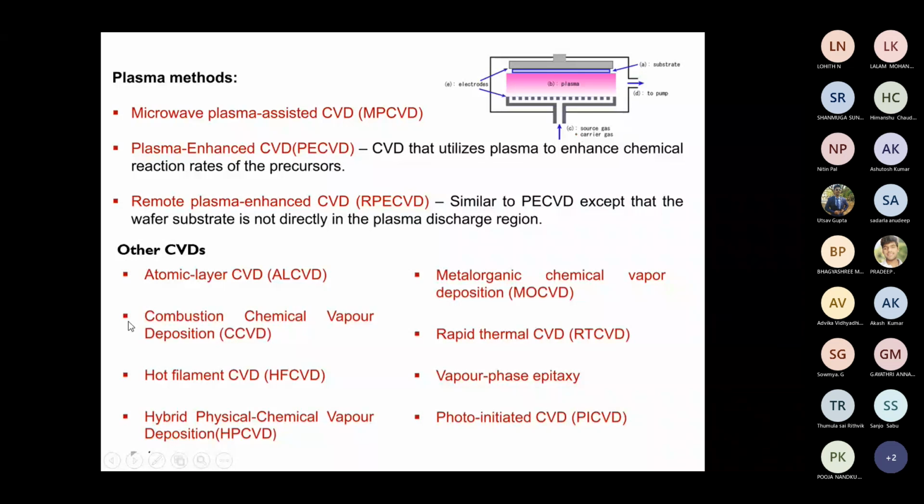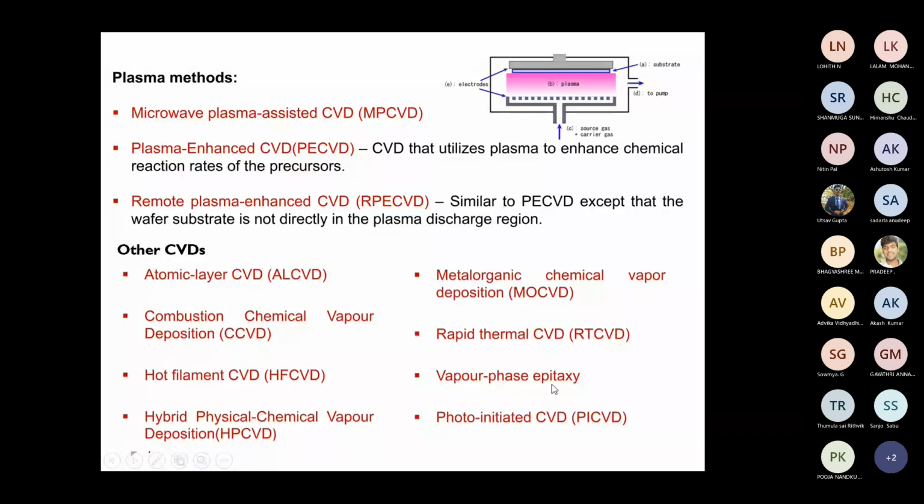Other CVD types include atomic layer CVD, combustion chemical vapor deposition, infiltration CVD, hybrid plasma chemical vapor deposition, and metal organic chemical vapor deposition. MOCVD is very popular, particularly in microelectronics. Then rapid thermal CVD and vapor phase epitaxy.